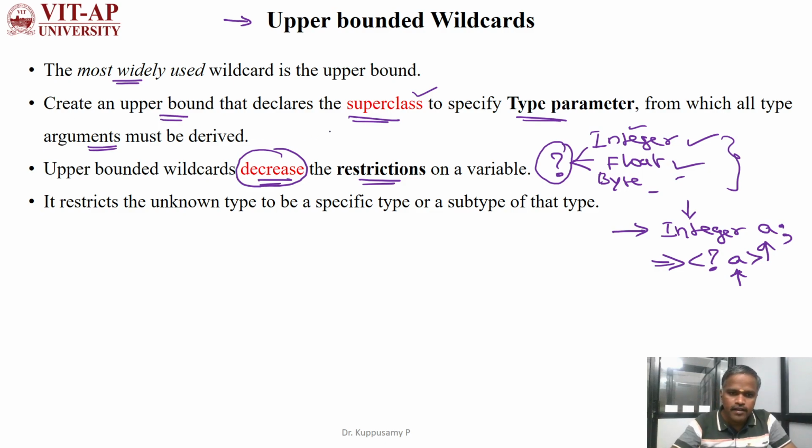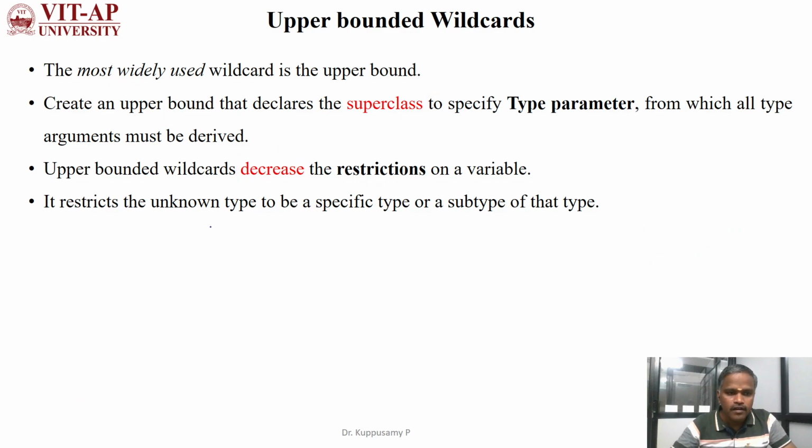That's why we say we are decreasing the restrictions over the variable when using the type parameter as a wildcard. It restricts the unknown type to be a specific type or subtype. That means when you pass integer, it will act as integer, or accept integer data. So the unknown type is going to be represented as a specific type or subtype.